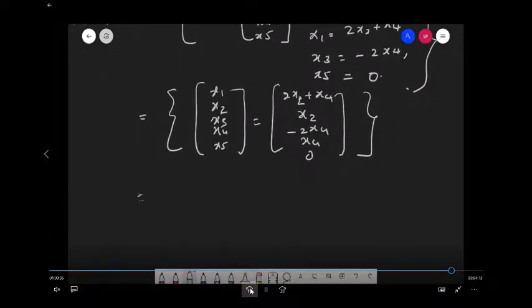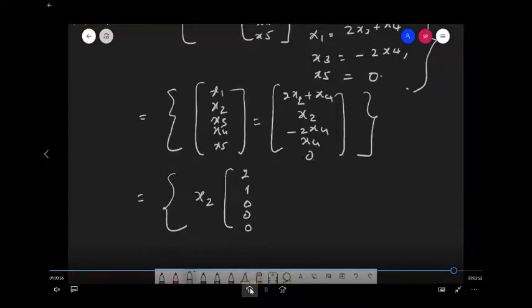So now this null A I can write as a linear combination. You can observe two parameters are there, x2 and x4. So I will write it as, if I take x2 as common, then I have x2 with coefficients 2 first and then 1. In the third row there is no x2, 0.